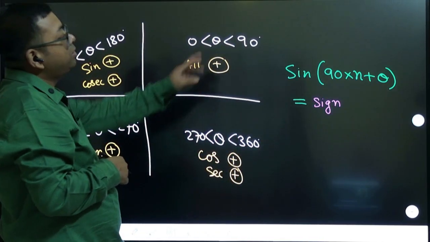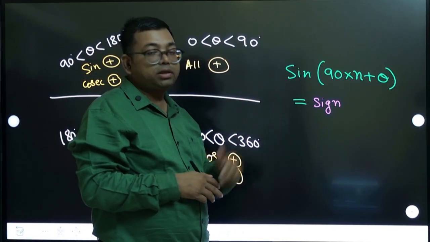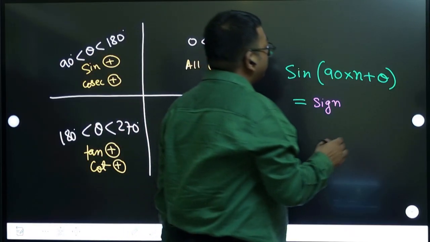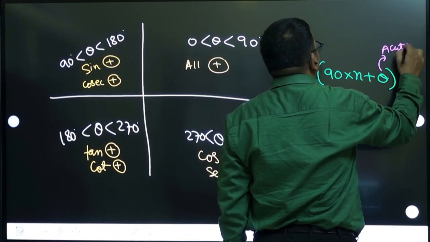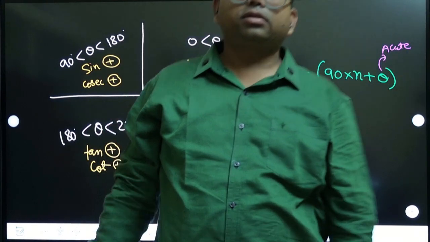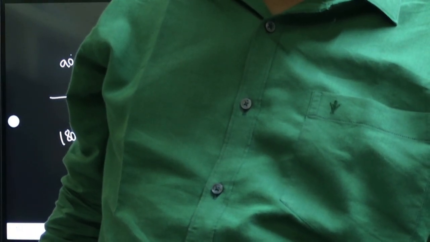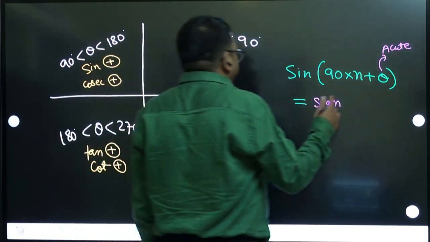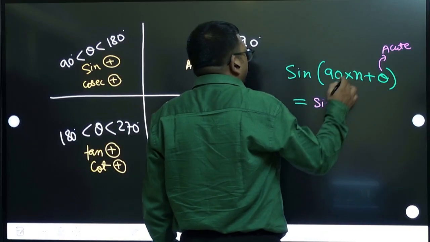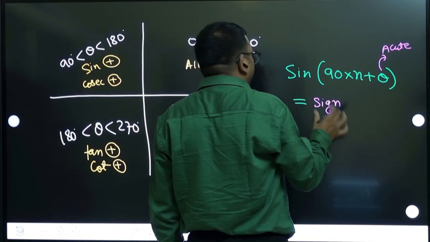For example, suppose n is 1 here and theta is 30 degrees. This theta we always try to write as an acute angle, and n can be anything. So this sign will be based on the quadrant.